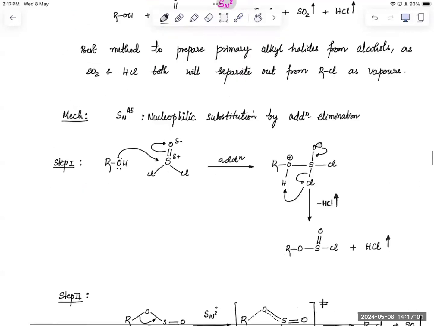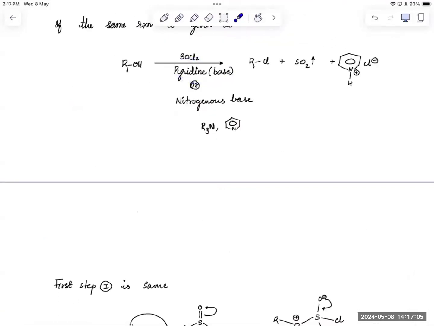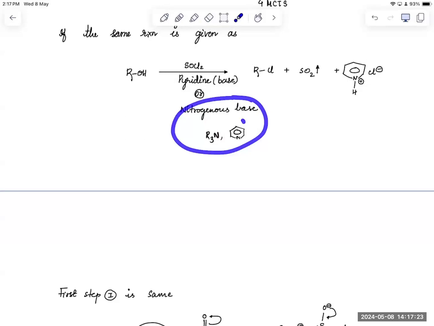But instead of taking ether, now if I take pyridine as a solvent, now the reaction will happen via SN2 instead of SNi. The reaction is the same. You'll get RCl, SO2, but instead of HCl, now you'll get a salt. Why? Because HCl is an acid. That acid will react with this nitrogenous base and convert into a salt form.